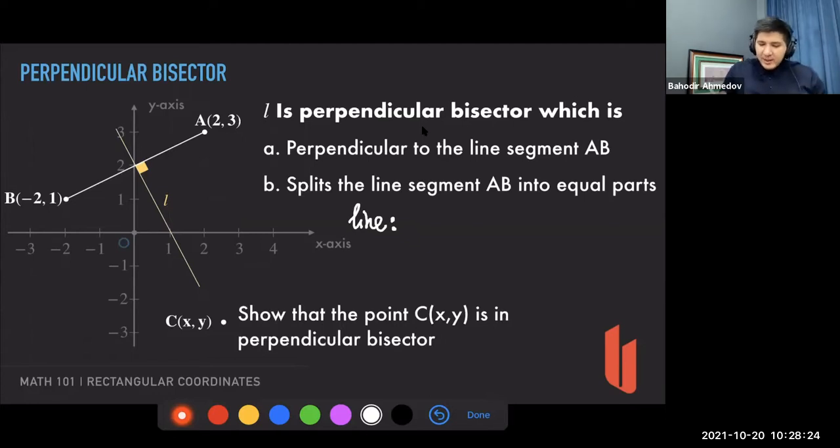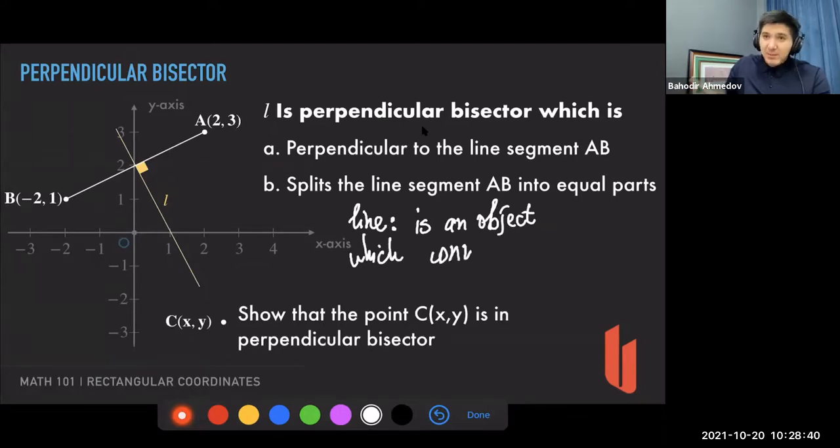So the line is an object. This is the strict, or formal mathematical, definition: a line is an object which can be obtained by connecting 2 points and can be continued in both directions. For example, I've just got 2 points.